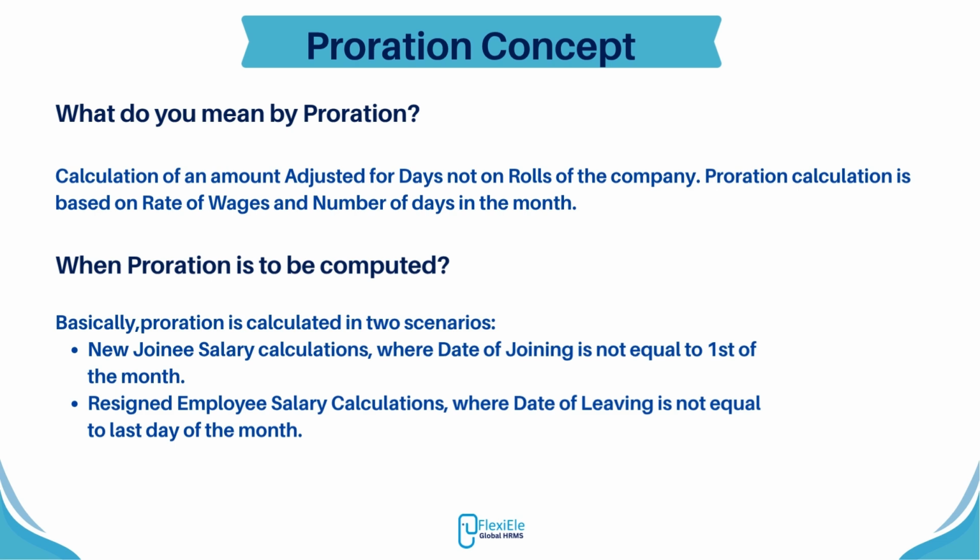That's where proration steps in, like a quiet accountant making sure your paycheck reflects the exact number of days you worked. It's based on your wage rate and the number of days in the month. When you joined a company on the 15th or left on the 23rd, proration ensures compensation is proportional because every day counts and every contribution matters.